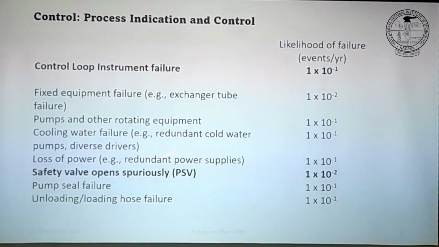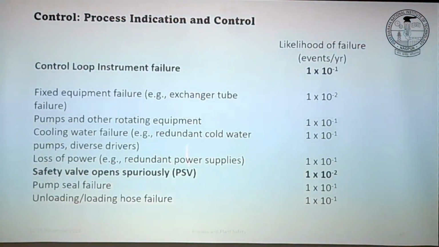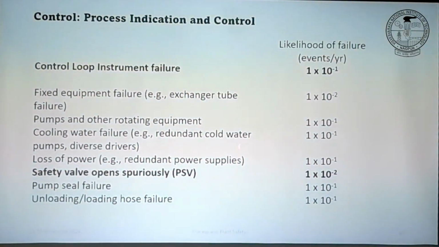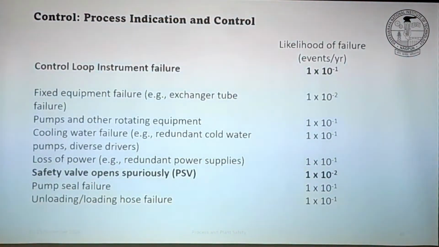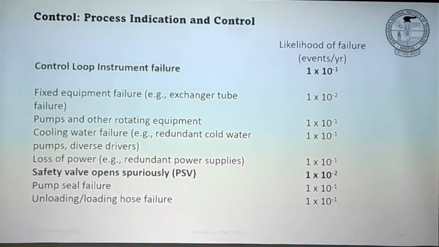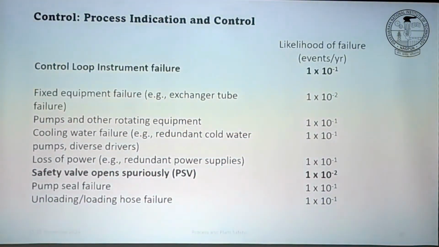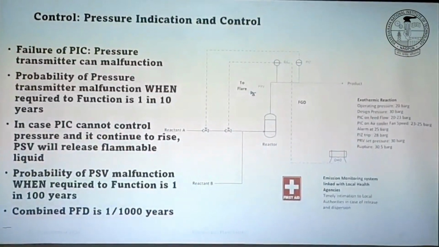So these are typically some examples of valves failing, loss of power, those kinds of things. So you need to know the probability of failure of these independent layers, and you multiply all of this and you come up with your risk, final risk.